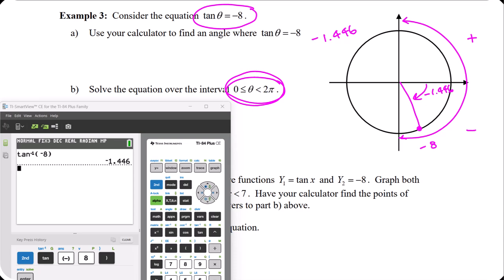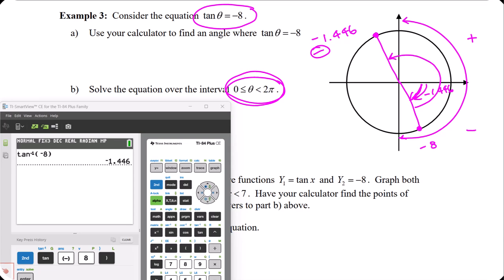Well, we also know that in terms of another angle in the second quadrant will also give me a negative tangent value. So let's see how we can figure this out. From this rotation, can't I go and add pi?